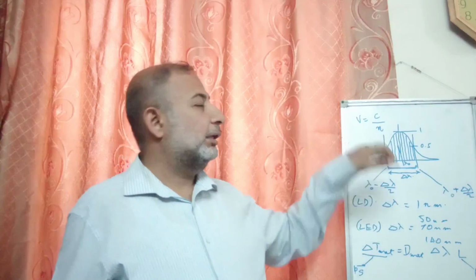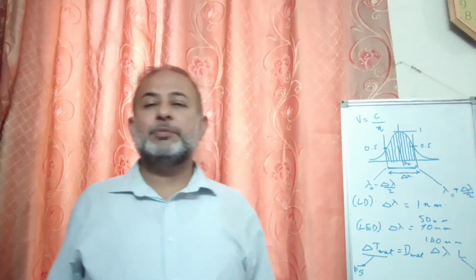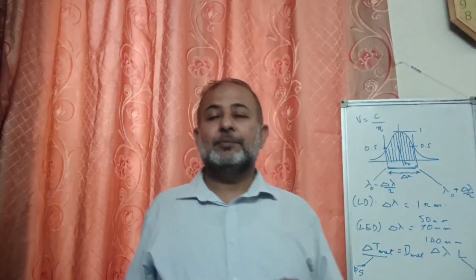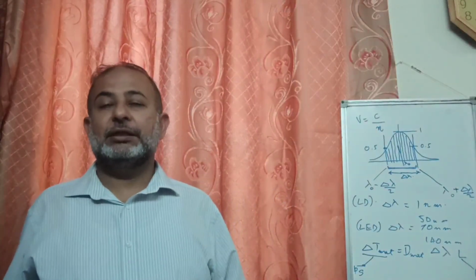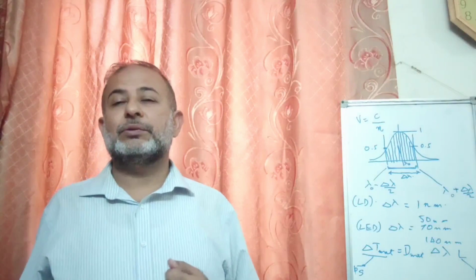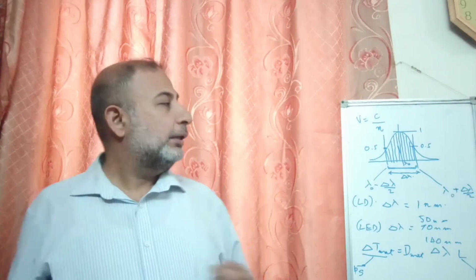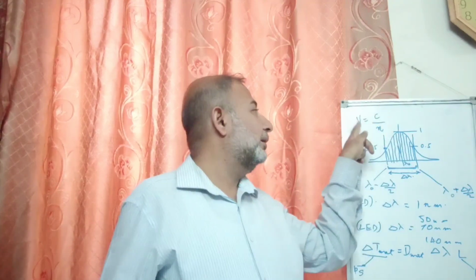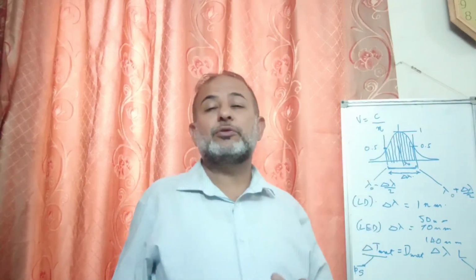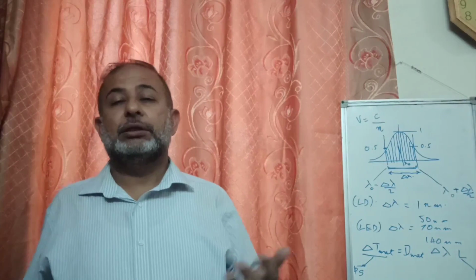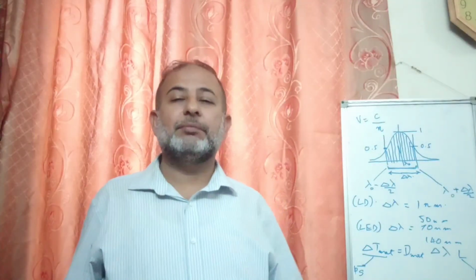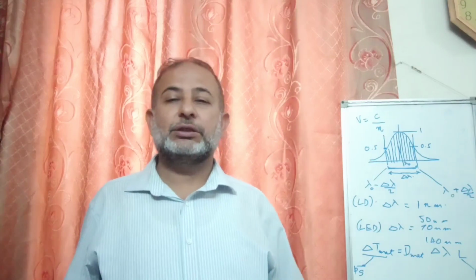If we check what is the speed of this particular light in the cladding, while we are saying that 20% of the light is traveling through the cladding, then the value of V would be higher because N would be smaller, because the refractive index of cladding is smaller as compared to the refractive index of the core.